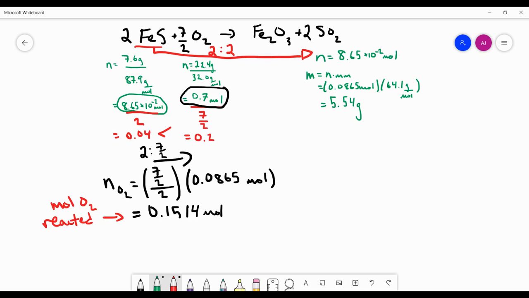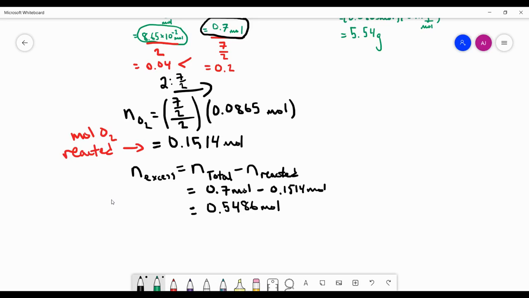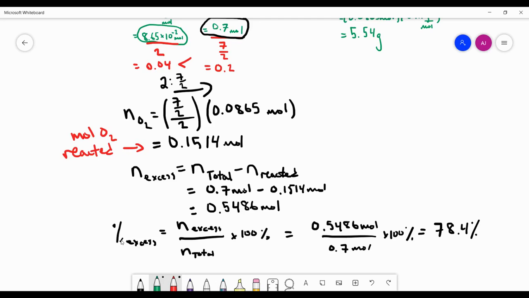Now I'm going to find the amount of oxygen left over. After the reaction stops, there are 0.5486 moles of oxygen gas left over. To calculate the percent excess of this reactant, I'm going to divide the amount in excess by the total, and multiply by 100% to express it as a percentage.